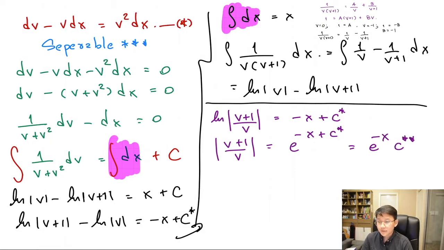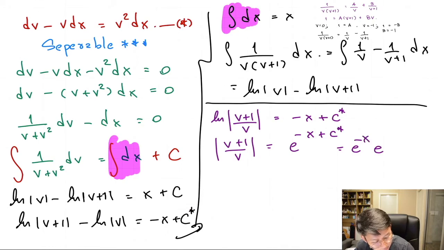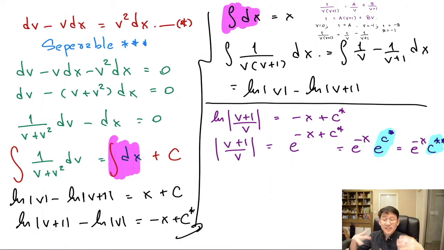Let me write it in more detail: e to the minus x times e to the c star, which is e to the minus x c double star. I look at e to the c star as another constant, because e is a constant and c star is a constant, so e to the c star can be seen as another constant.